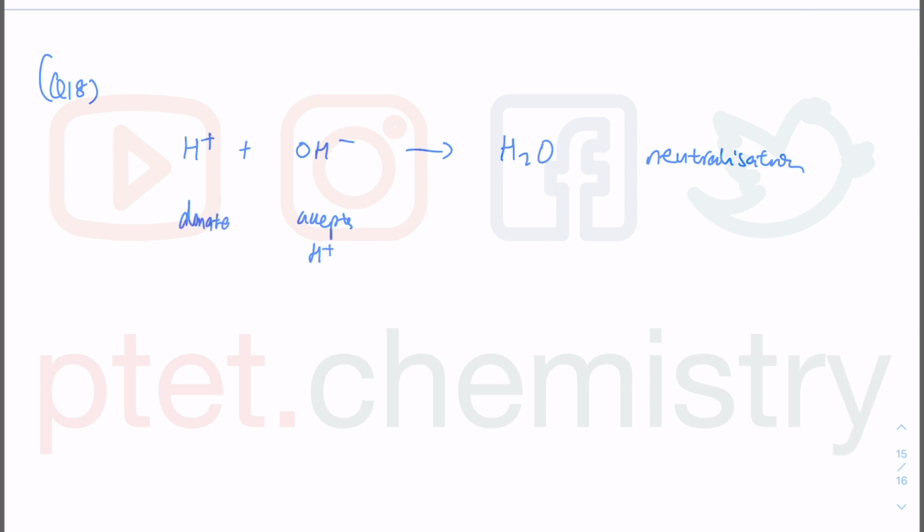Question 18. So this is ammonium salt. I just like to give you the idea of this thing. H plus and OH minus give you H2O. This is your classic neutralization. This accepts H plus, the acid of course donates H plus.